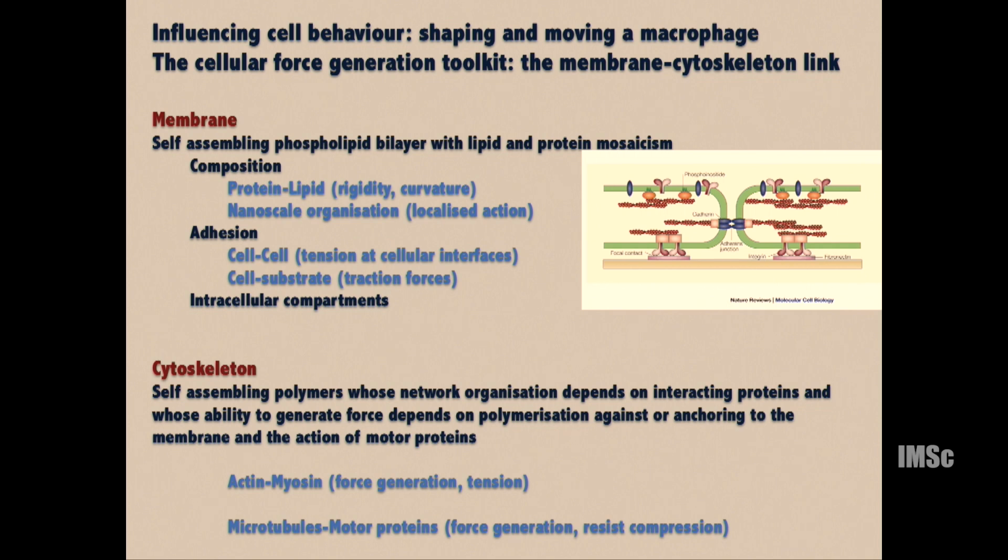And they invariably work with motor proteins. And we typically think of two different classes of cytoskeletal polymers: actin, that typically works with myosin to generate largely tensile stresses, and microtubules that work with other motor proteins, kinesin, and help resist compression.